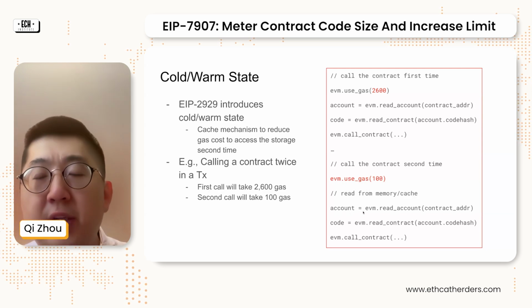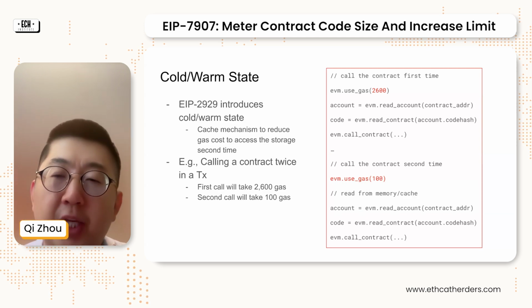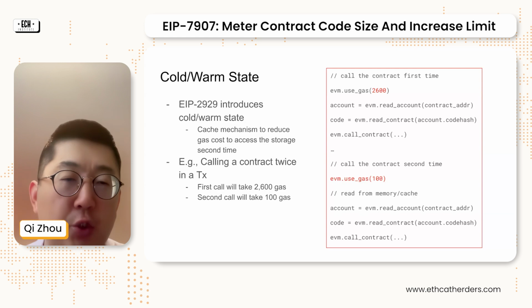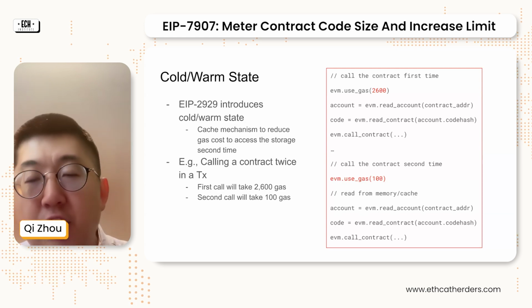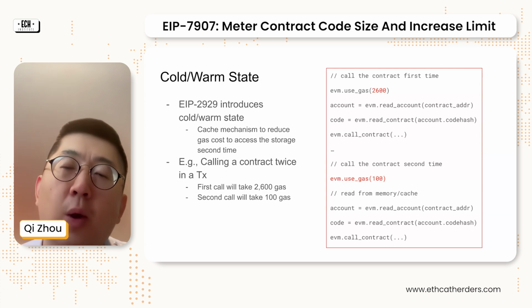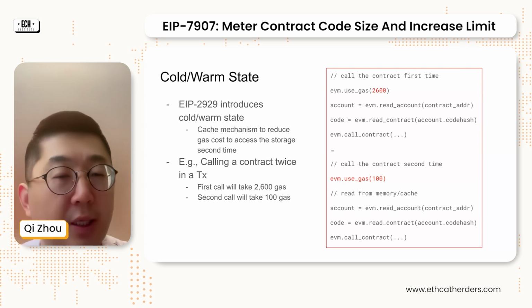So when I call it the second time, I basically just read the data from memory, and there's no expensive storage read. That's why we do not need to charge 2,600 and we just charge a minimum of 100 gas to cover the corresponding memory cost.